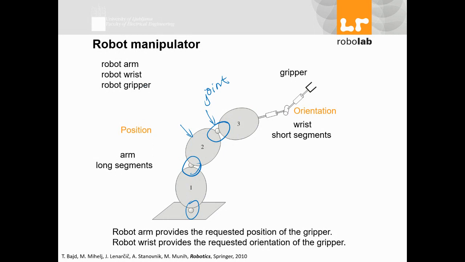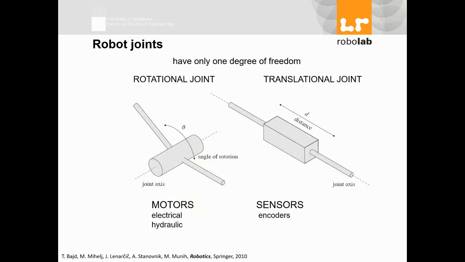Let's have a look at joints and see how many different joints are possible for us. There are two basic structures for joints, again inspired by what we see in nature around us. One is rotational joints like this. I have one link joined to another link, and it can rotate like this.